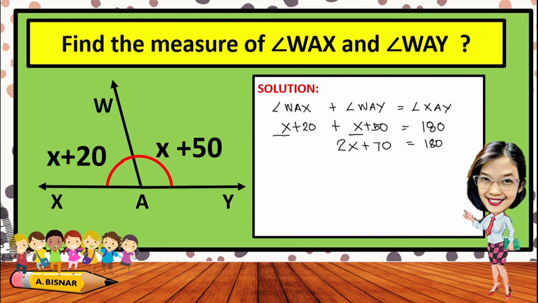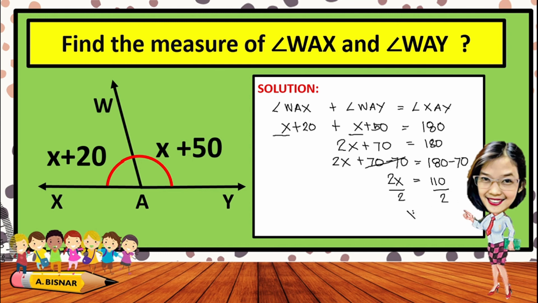So you'll subtract 70 on both sides of the equation. 2x plus 70 minus 70 is equivalent to 180 minus 70. So this is already 0, and what's left is 2x. 180 minus 70 is equivalent to 110. So we'll divide both sides by 2.